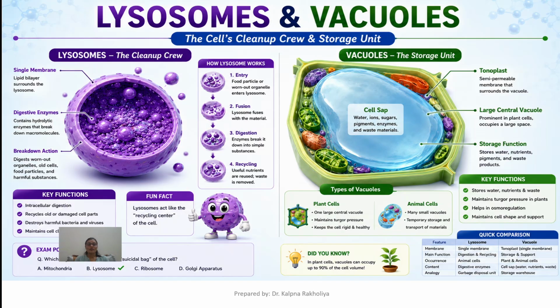So what is it going to break down? It digests worn out organelles, old cells, food particles, and various pathogenic microorganisms. All are digested inside the lysosome structure. So how will it break down?